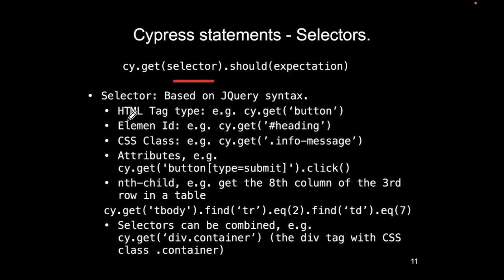Alternatively, you may actually know the ID of the element. And in that case, you would just have a hash symbol at the beginning of the selector followed by the ID itself. And of course, we know that element IDs are unique. So certainly this expression will only return one element.